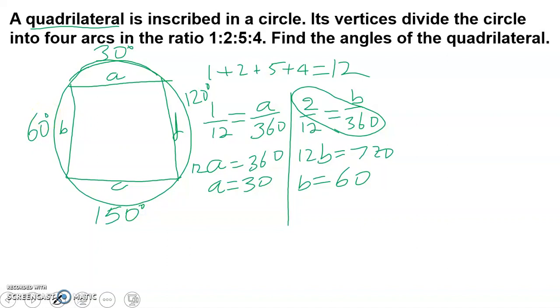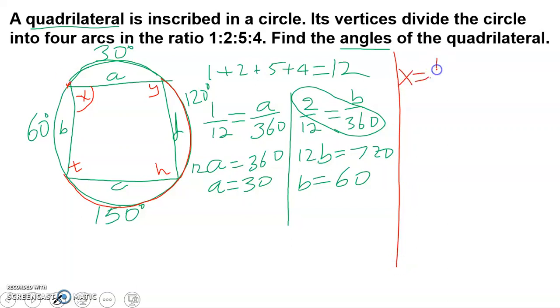And then we're asked to find the angles. Let's label them X, Y, T, H. We're going to find the measure of angle X. It's going to be 1/2 of the intercepted arc, because it's inscribed in the circle.